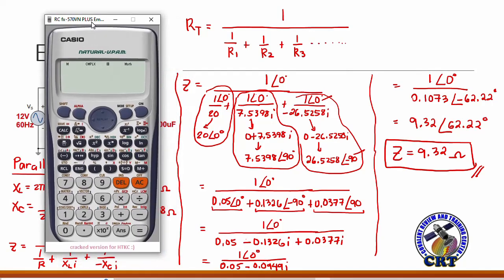Let us now use our calculator in the calculation of the impedance of this parallel RLC. So let us produce the fraction. Make sure that you're in the complex mode. So the numerator is 1 over 3 fractions.